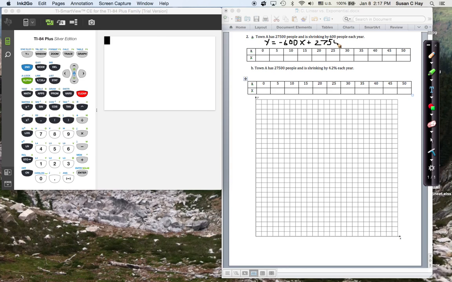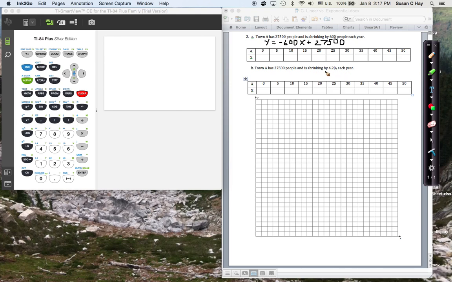Our second situation is clearly going to be the exponential one. 4.2%. It's shrinking by a percentage each year, so it's being multiplied over and over again by a number. But we have to find out what that number is.